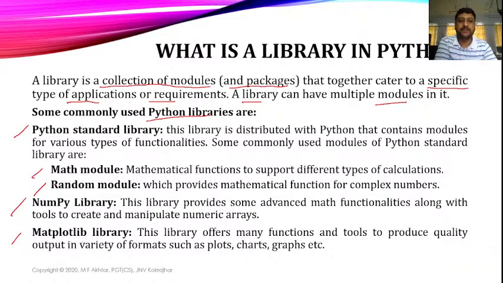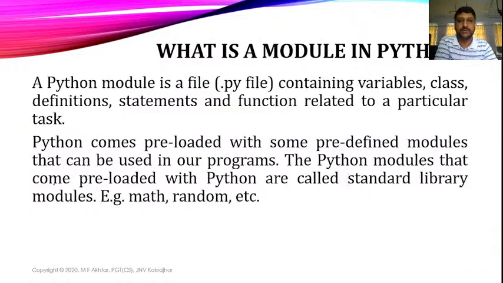So what is a library? It is a collection of modules. And what is a module? A module is just a file, a .py file, the kind of file we create while writing a Python program. But this file does not contain the main program or top level statements.